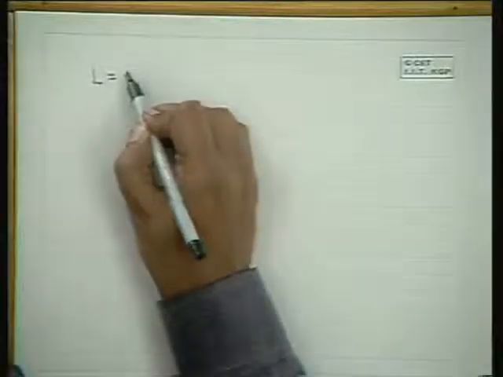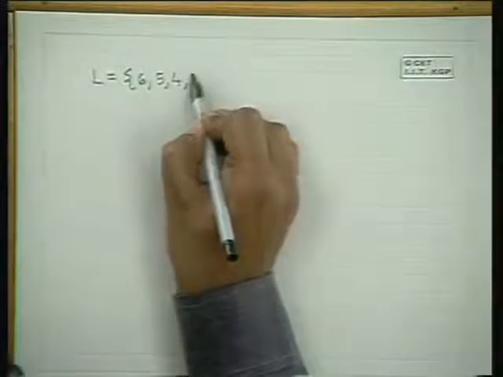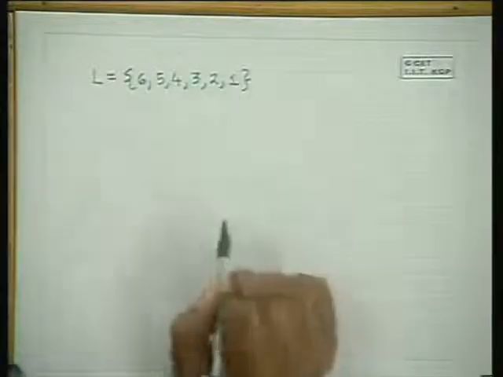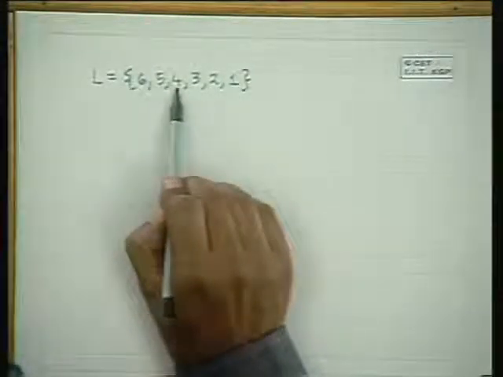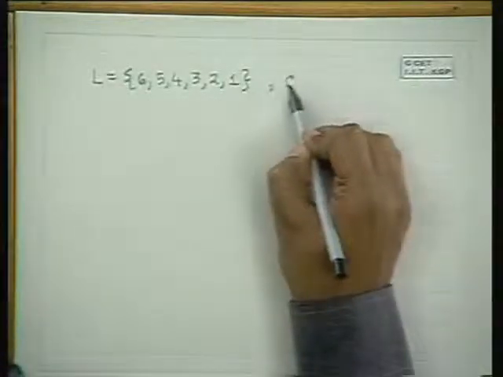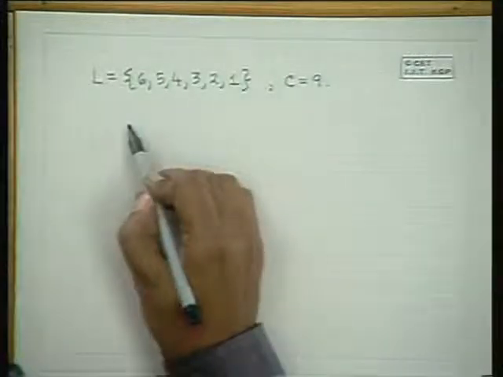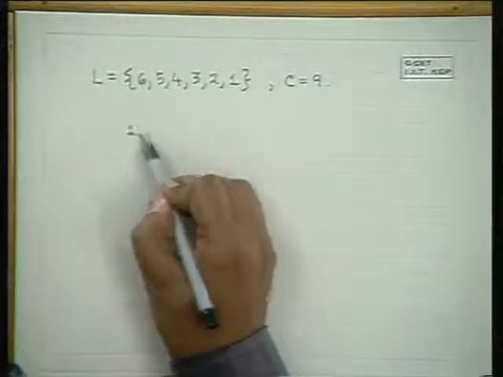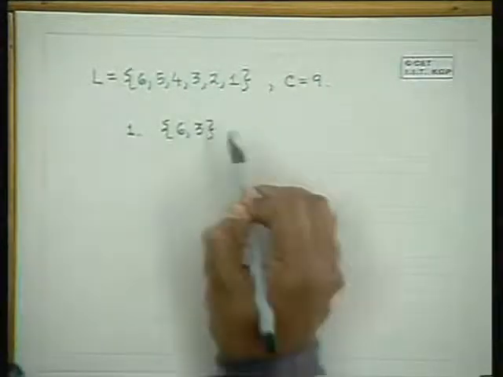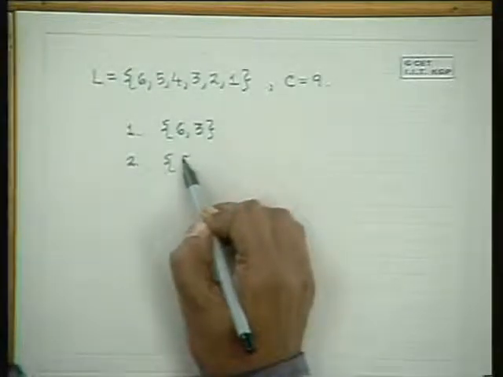Let L be 6, 5, 4, 3, 2, 1. These are the values of the stamps, and I can take each stamp only once, and C is equal to 9. Now I have various solutions. The first solution that I can choose is 6, 3. The second solution I can choose is 5, 4.